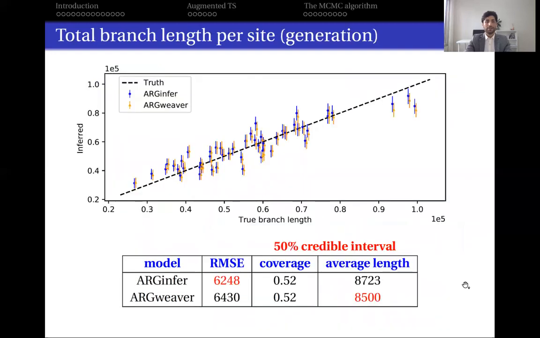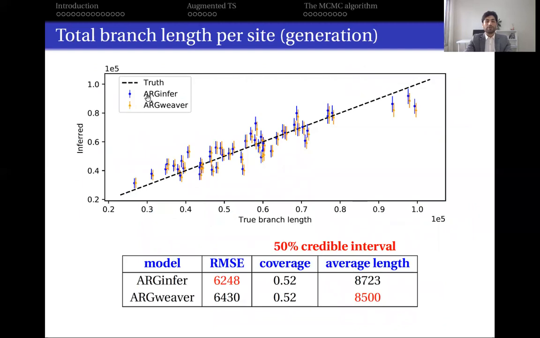The first parameter we investigate here is the total branch length per site, which is in generations. I've randomly subsampled 50 out of 150 datasets and shown them here. The x-axis is the true branch length, and the y-axis is the inferred one.